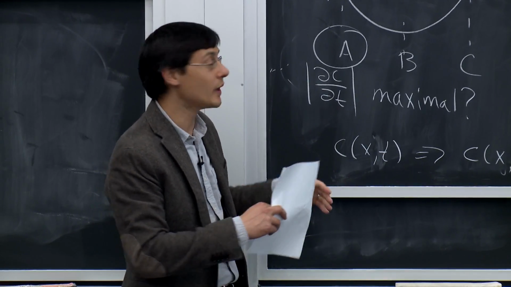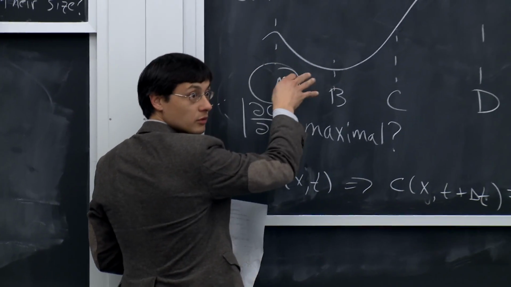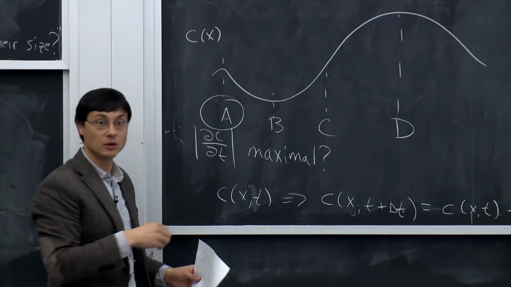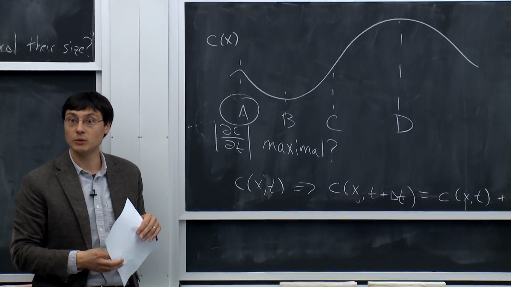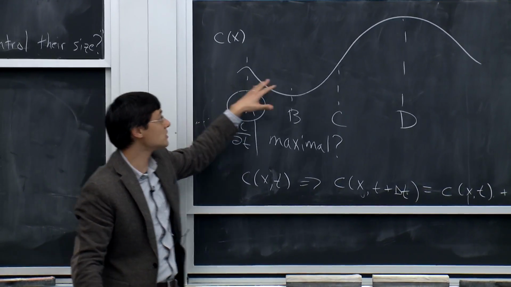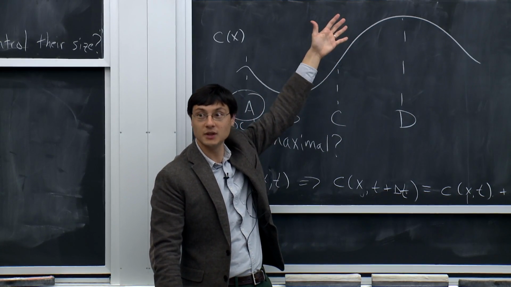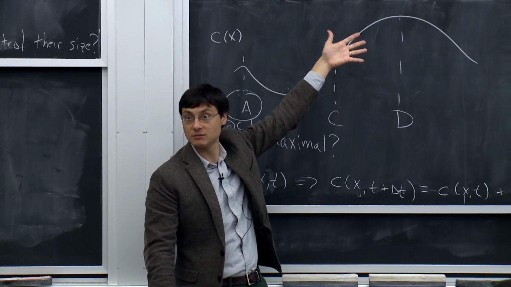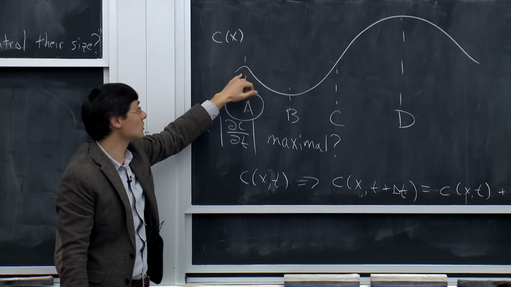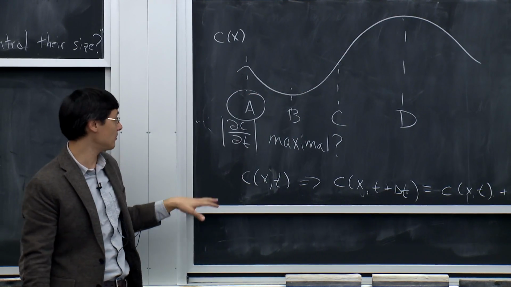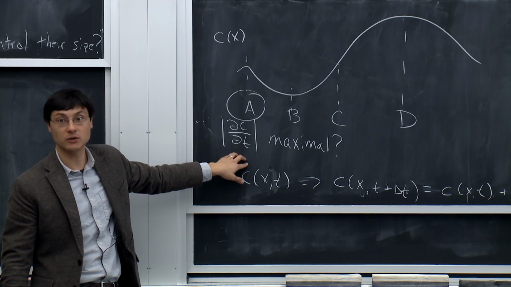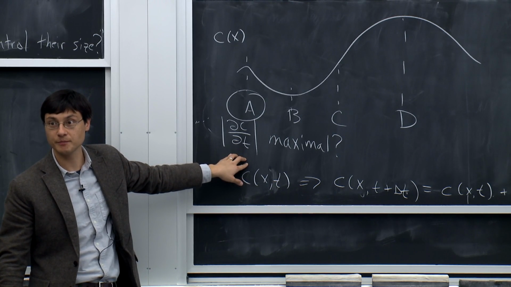So you don't have to wait very long before this thing gets smooth, and then the magnitude of dc dt will go to 0. In some sense, this big hump will stick around longer, but because of the curvature, this point has the maximal magnitude of dc dt. Okay.